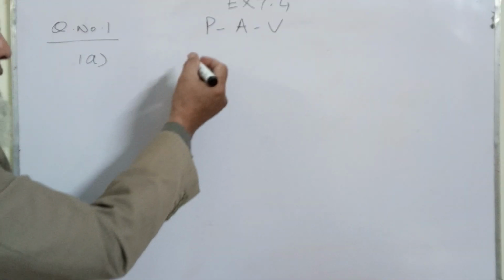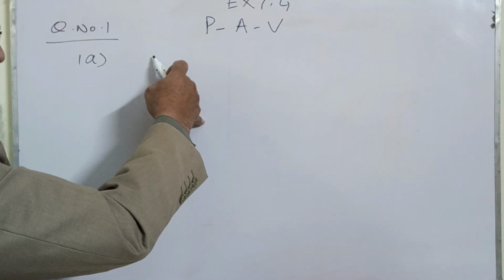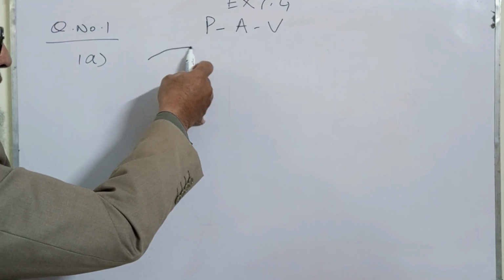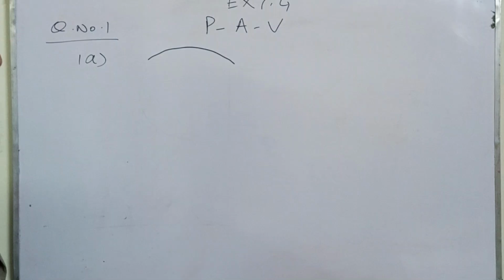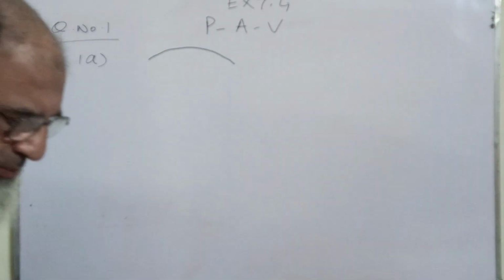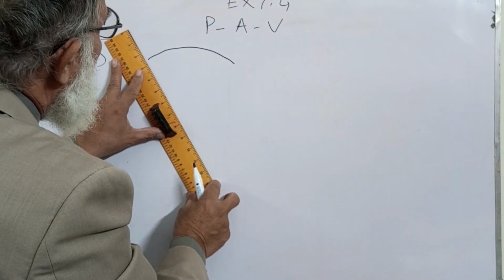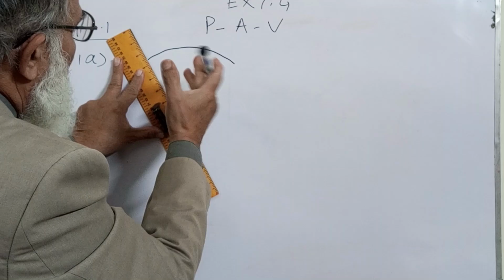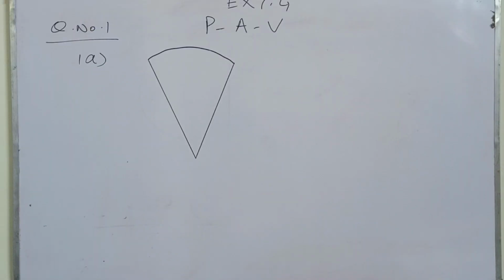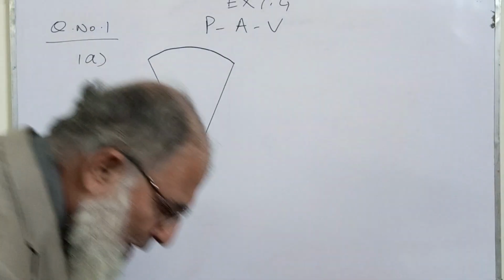1, part A, of course. Let me draw some circular path with the compass, and then I'll try to draw it with a ruler. Now, my dear students, what dimensions are given in this?